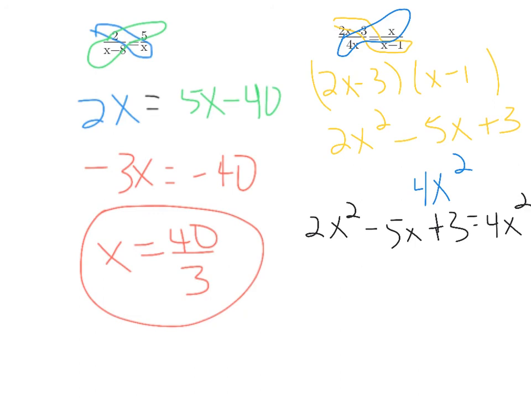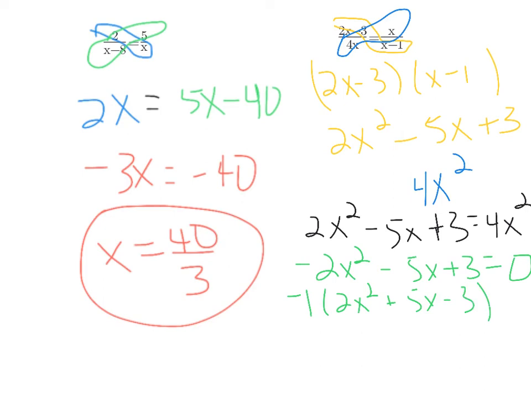So by subtracting 4x squared from each side of the equation, I get negative 2x squared minus 5x plus 3 equals 0. Since I never want to have a negative leading coefficient, I'm going to factor out a negative 1. So I have negative 1 times 2x squared plus 5x minus 3 equals 0.